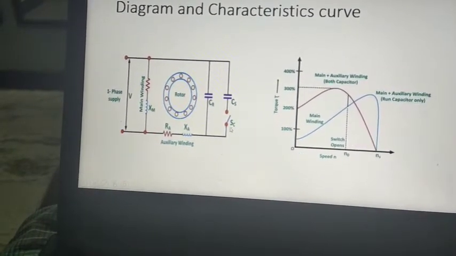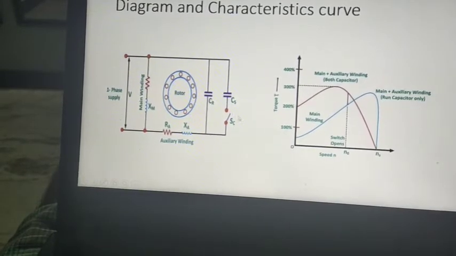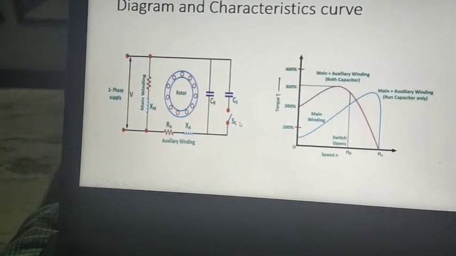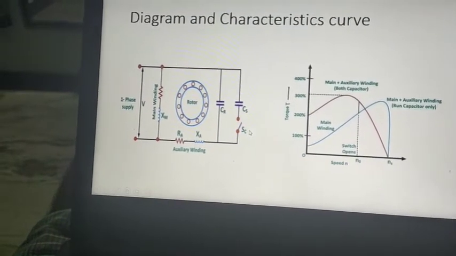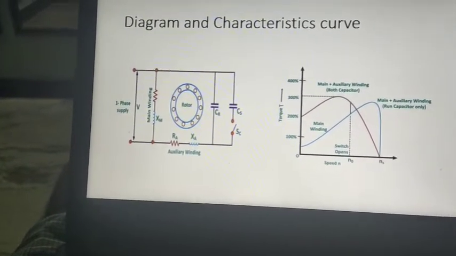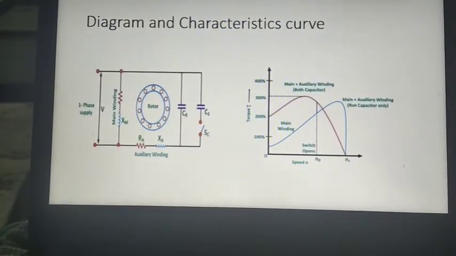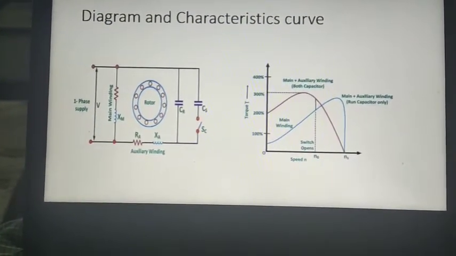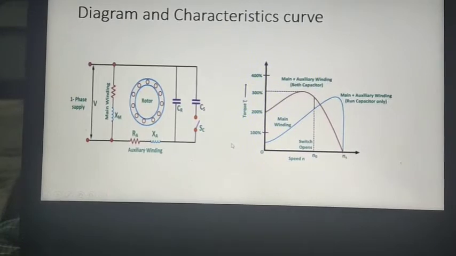After some time, the SC, which is called the centrifugal switch, so I mentioned it as SC. When the speed reaches 70 to 80% of the synchronous speed, the centrifugal switch will open.